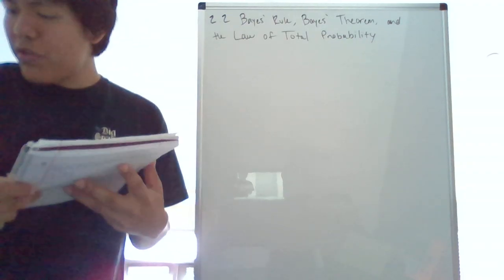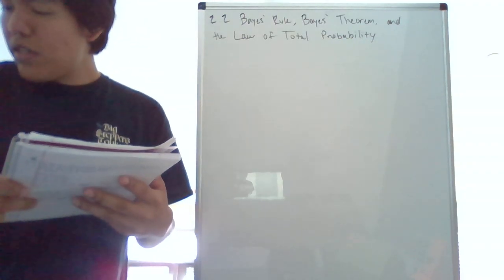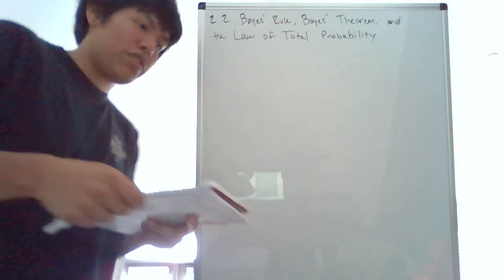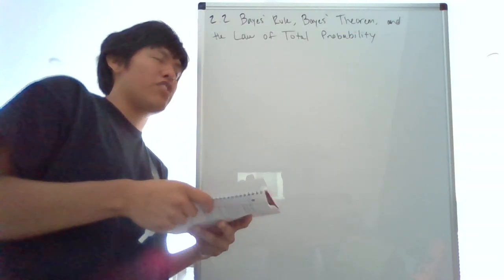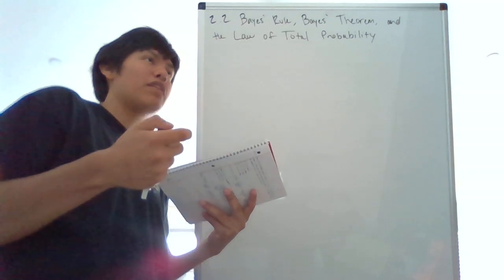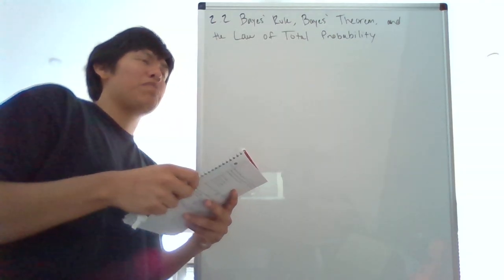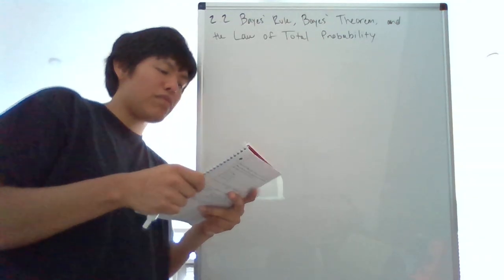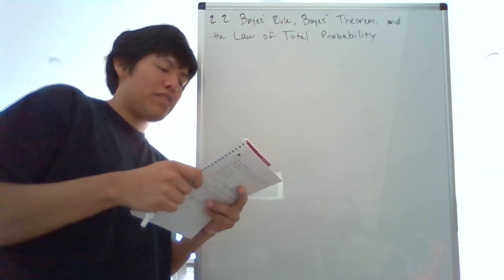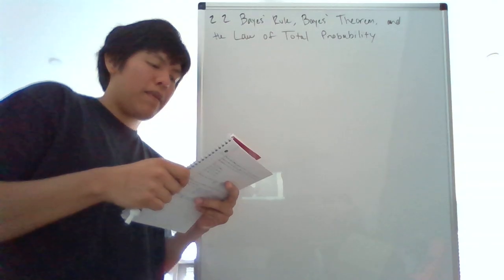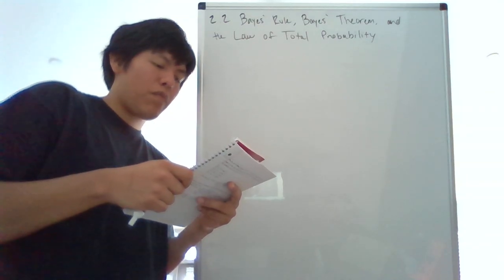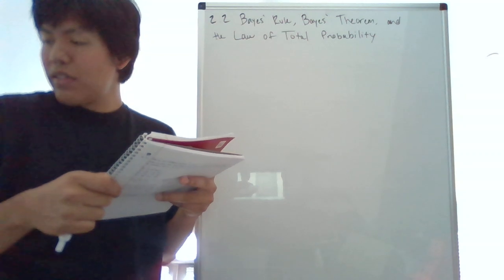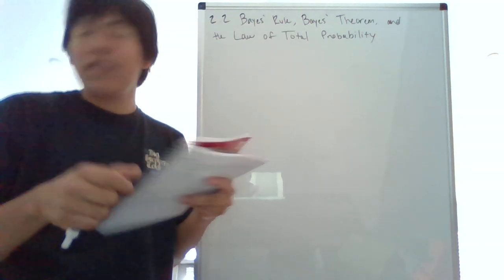First it's showing us the general law of total probability, which is just us adding up all the probabilities to get to 1. What that looks like is this.